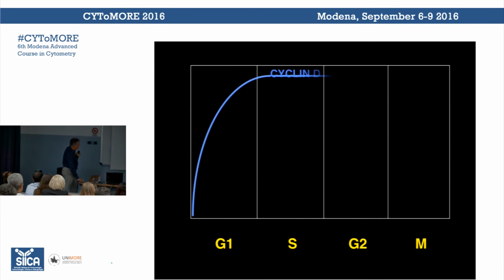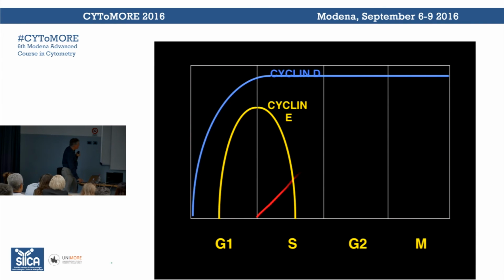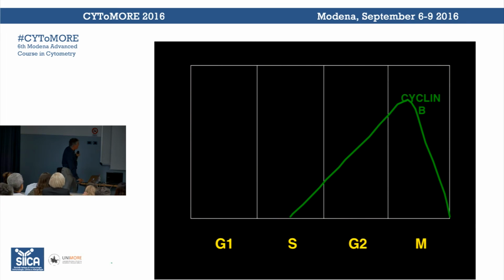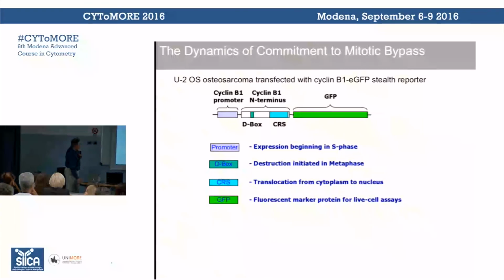And because you need trackers for this process, you can use cyclins, in particular cyclin B, the signature that arises and is destroyed in mitosis. And by using a stealth reporter, which we have GFP associated with the cyclin B1 promoter, with its destruction box, but critically it is not active.